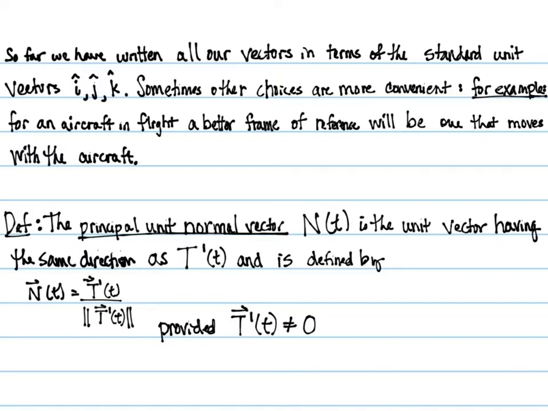This is terrible because they keep using the same letters. I wish they were using S. So we've got capital T as the tangent unit vector that we just talked about, and then we've got the derivative of that.